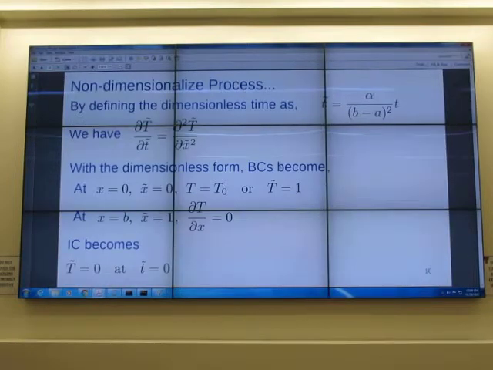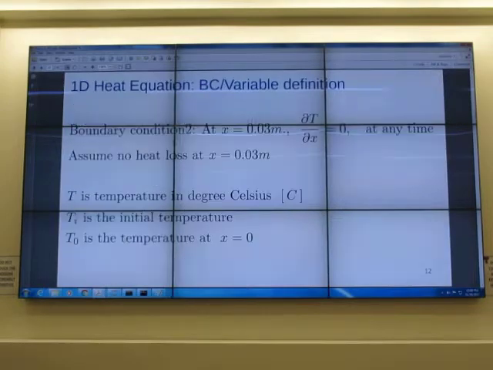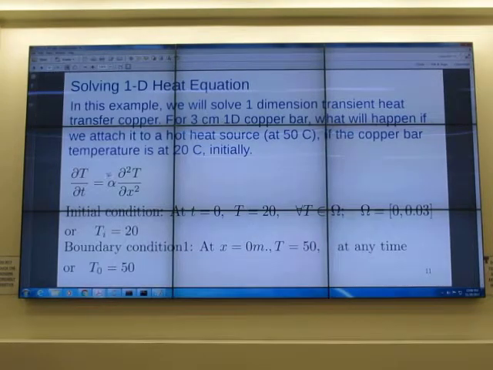However, this kind of equation, you can take alpha out from d squared by dx squared only for the case of constant material property. Only for the case of constant alpha.